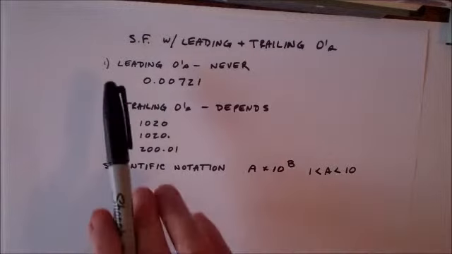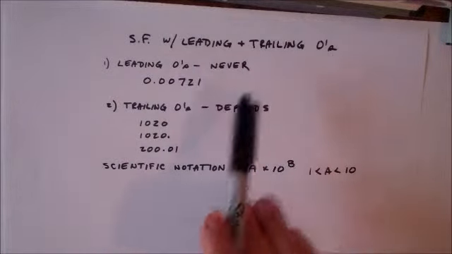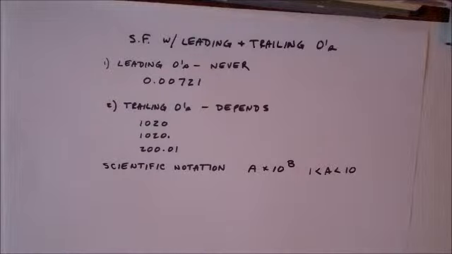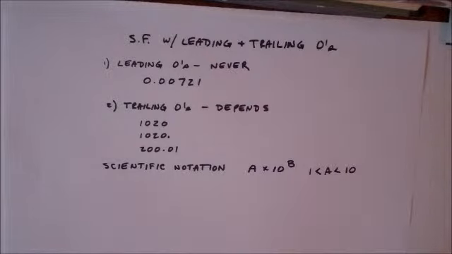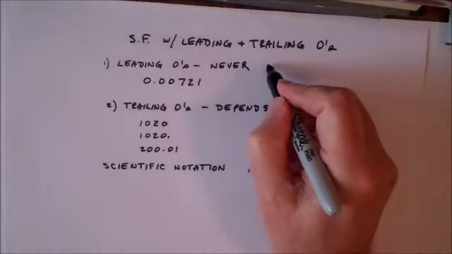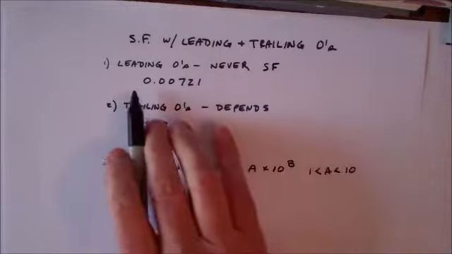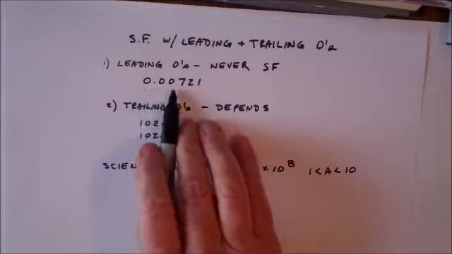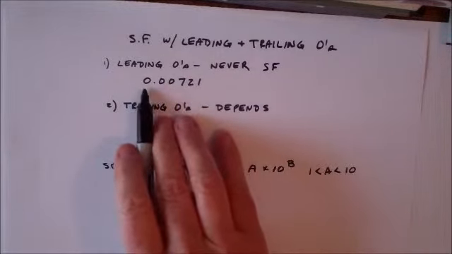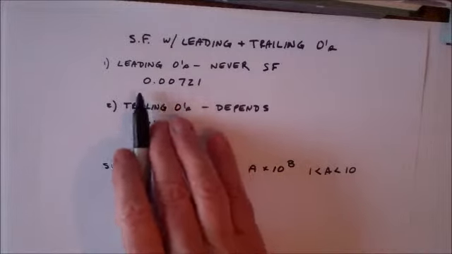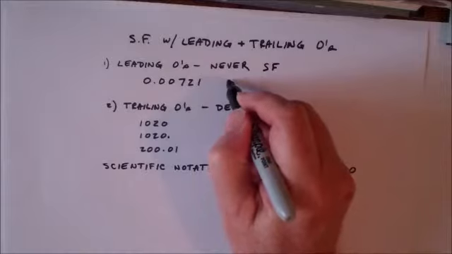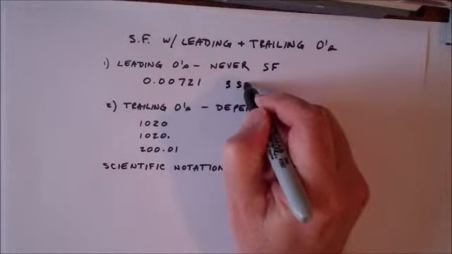When dealing with a number that has either leading or trailing zeros, we should be aware of the following rules. In general, leading zeros are never significant figures. In this case, the leading zeros will be the first 3 zeros. Often a 0 is put here to indicate the 0 in the units place, so this will have 3 significant figures.